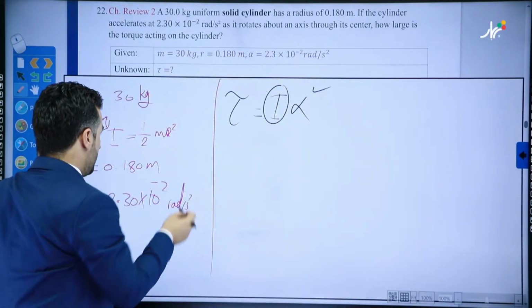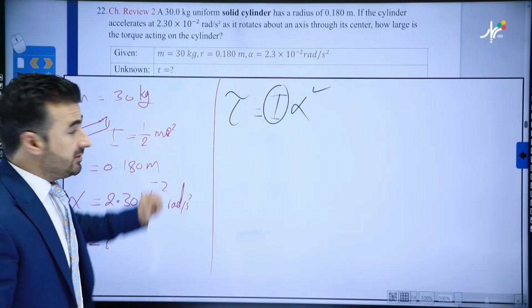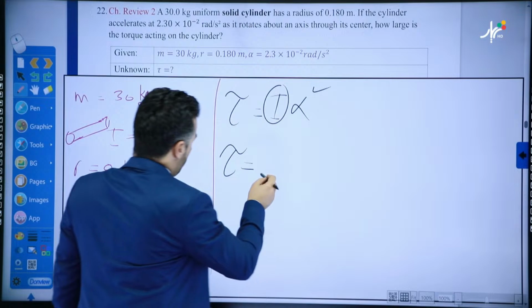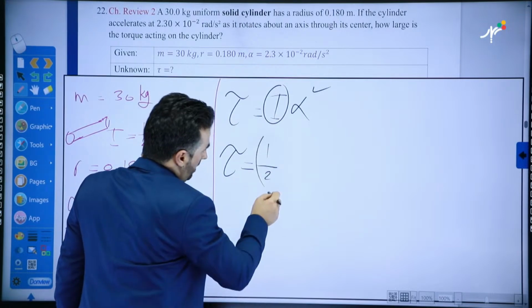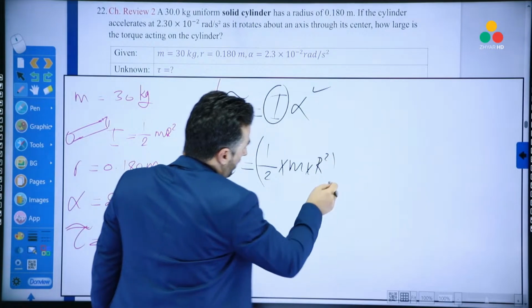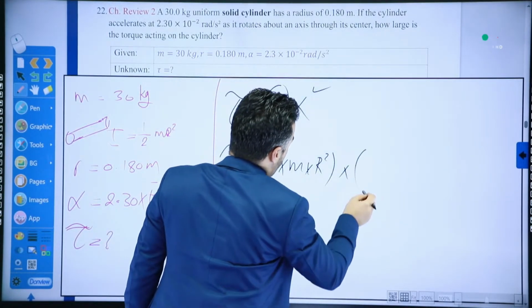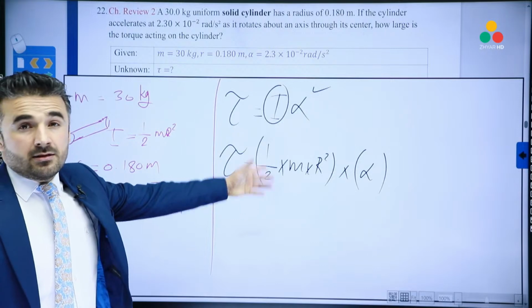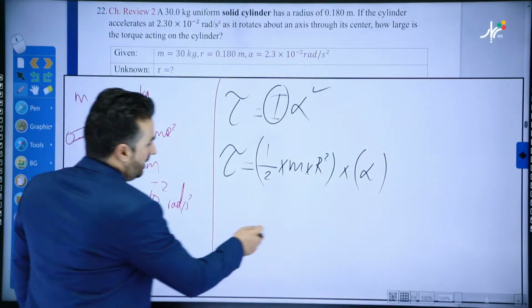So for the solid cylinder, once again, we're going to use 1 over 2 mr squared. So in one step, we can say the torque equals 1 over 2 multiplied by the mass, multiplied by the radius squared, and then multiplied by the angular acceleration, yes? Now plug in the numbers and get it done.